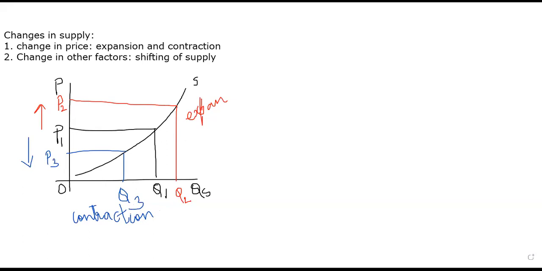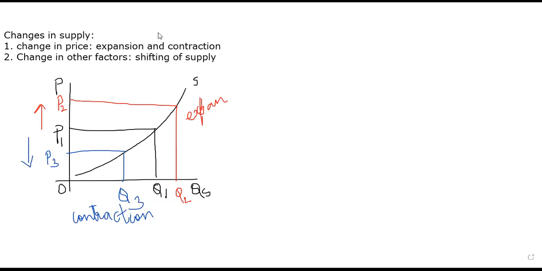Is this clear? Change in price alone, when other factors remain constant, causes expansion and contraction of supply. Expansion of supply takes place when price increases, causing supply to increase. Contraction of supply is due to a decline in the price, causing the seller to supply less.